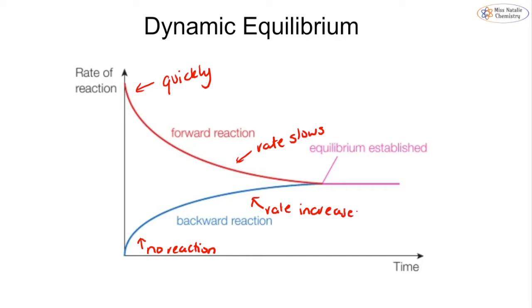And eventually there becomes a point where the rates are equal. And that's where the purple portion starts, so you can see right here. And this is when we get dynamic equilibrium being established. Our rates of reaction are exactly the same, and my forward reaction is happening at the same time as my backwards reaction.